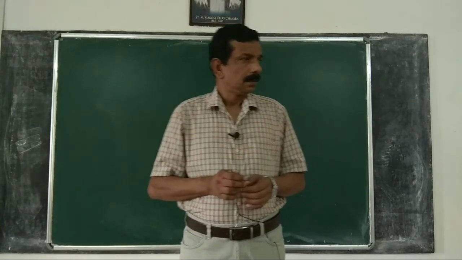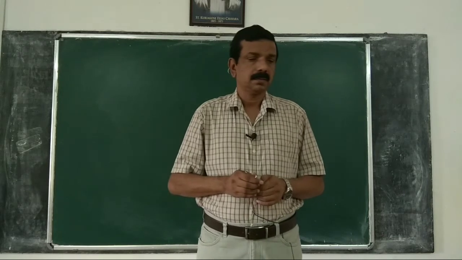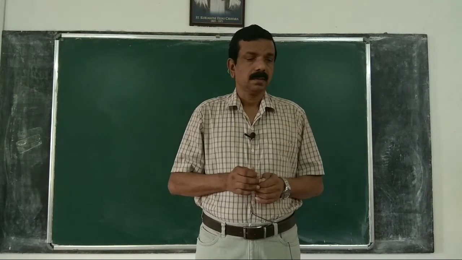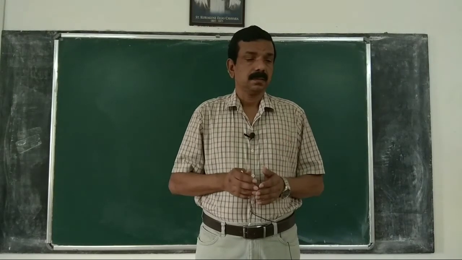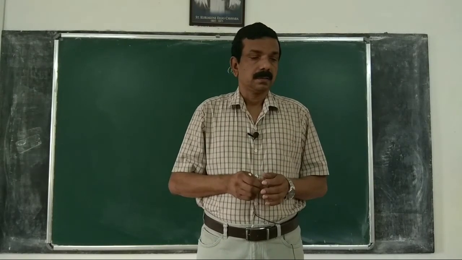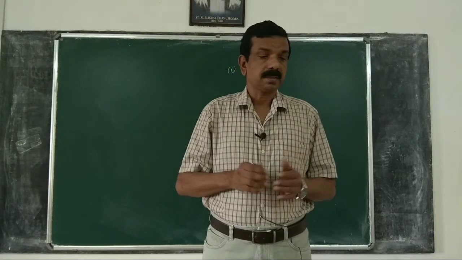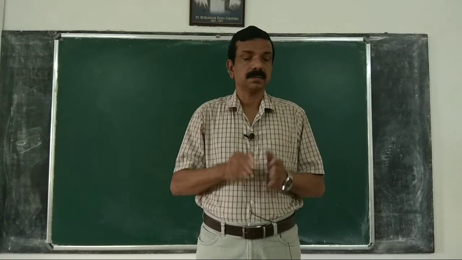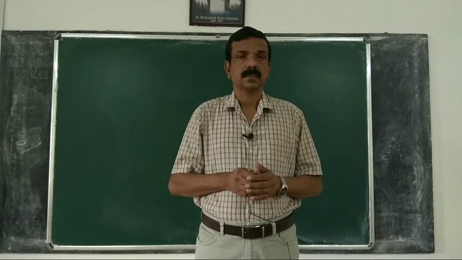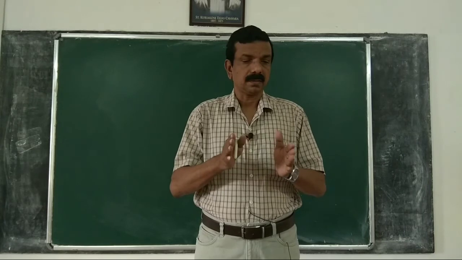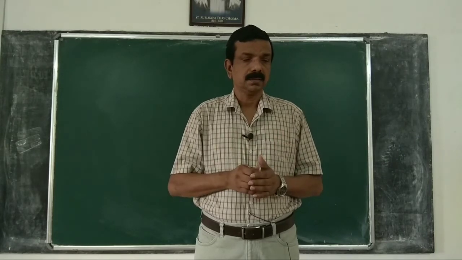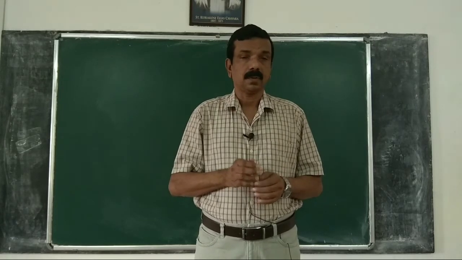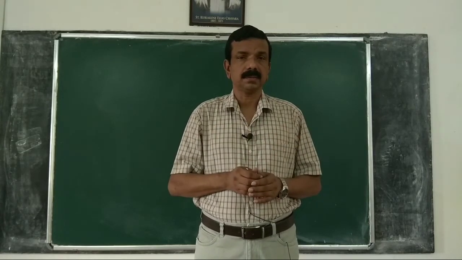Now, in matrix terms, we say that the vector of sample observations on Y may be expressed as a linear combination of observations on explanatory variables plus the disturbance vector.